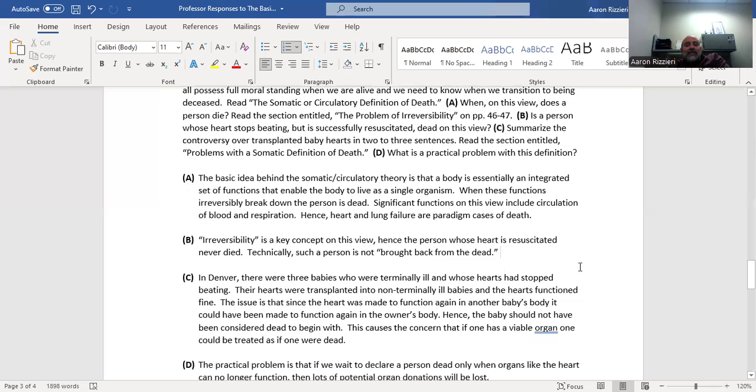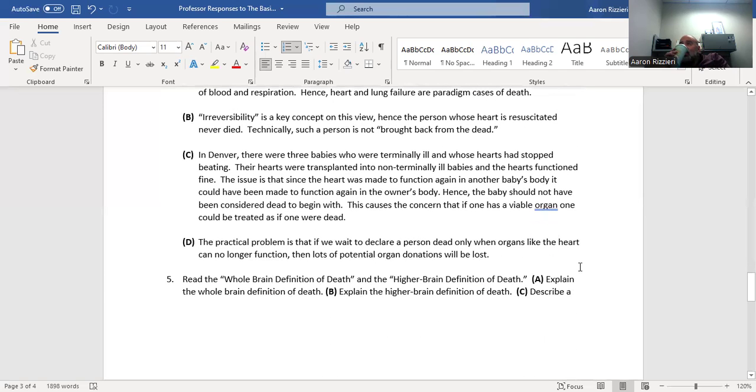All right, now question C says summarize the controversy over transplanted baby hearts in 3 sentences. So here we're going to look at a case involving the transplantation of baby hearts that involves an application of the circulatory or somatic theory of death.